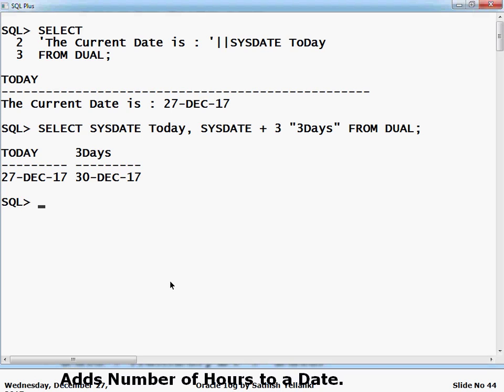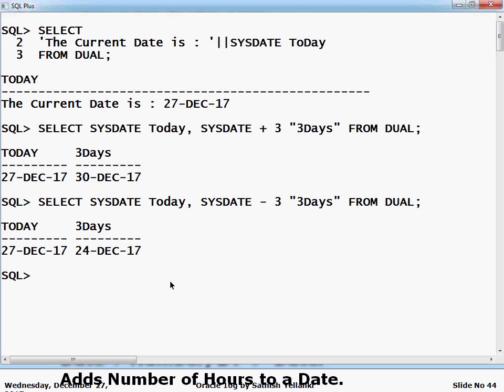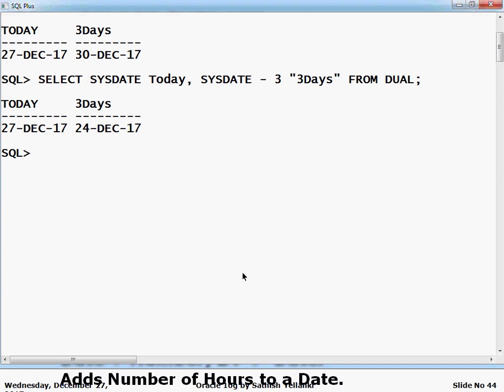So 3 days added to the current date is 30th December. The same way, you can not only add to your dates, you can also subtract. You can subtract a number from the date. So, 3 days before date. Now the only question a beginner will have is: suppose I said 30 days, what happens?